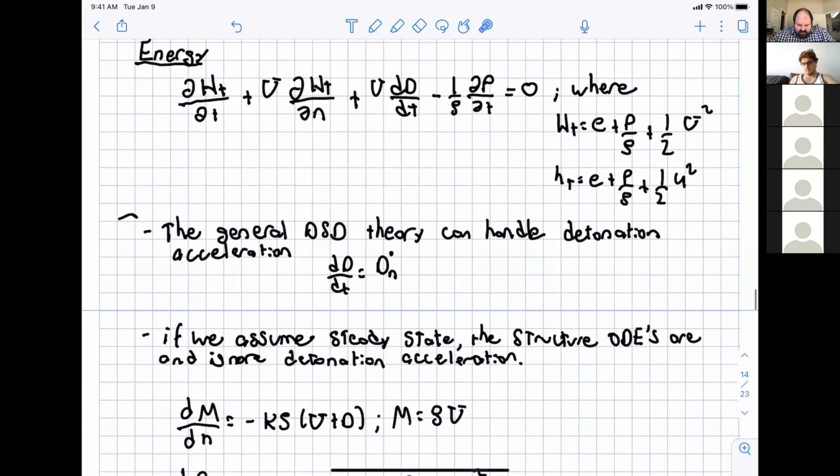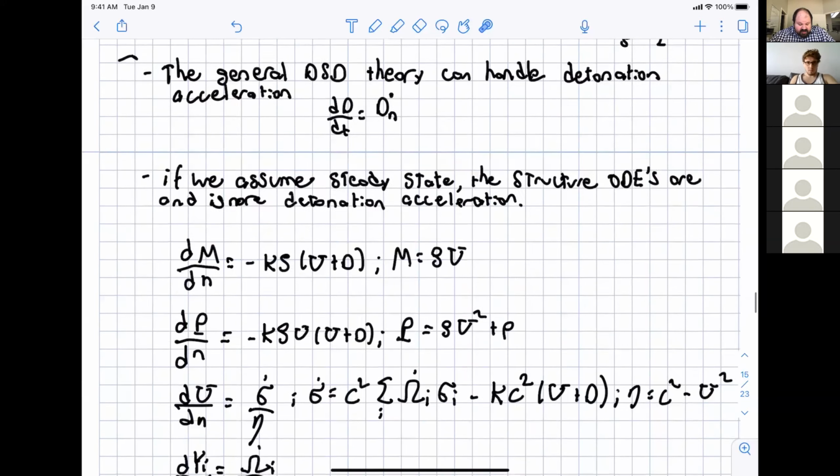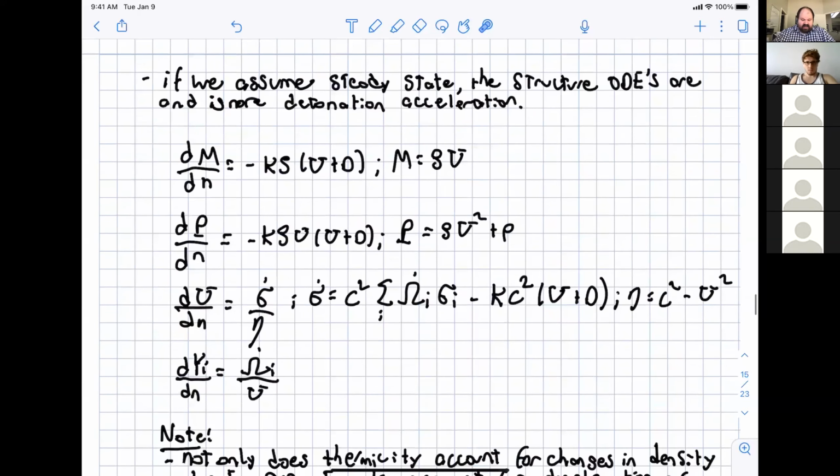And so if you assume steady state and ignore acceleration of the detonation, the structure ODEs for the flow behind the leading shock front basically turn into this.